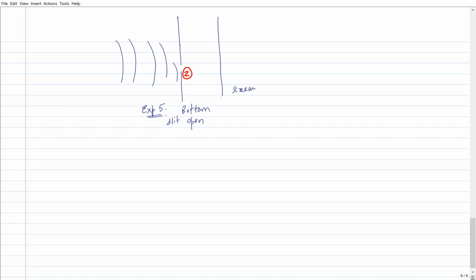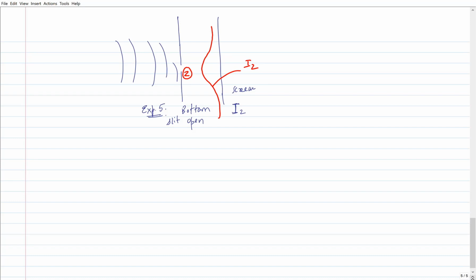And I again get an intensity pattern which looks like previously, I have this sort of an intensity pattern which I call I2 over here. Yeah, so this was so far very similar to the case with the bullets.